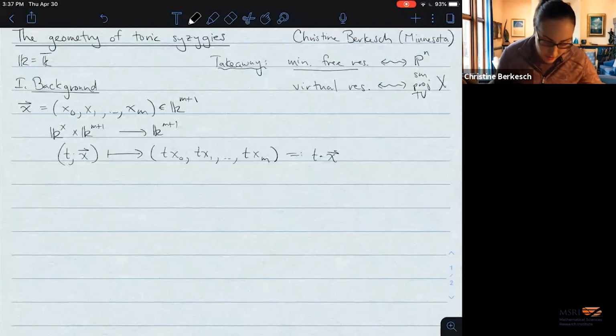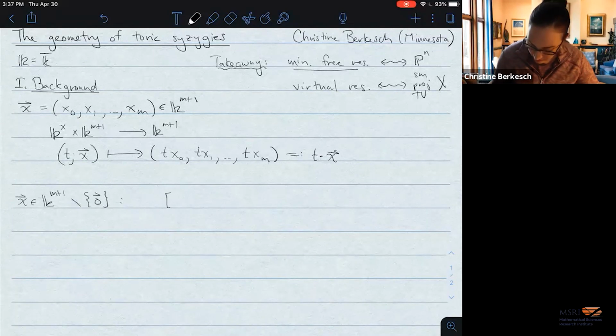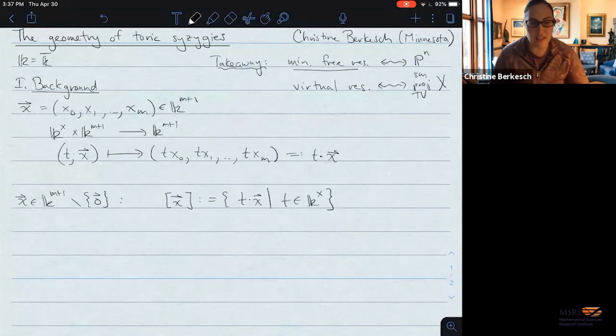All right, so then of course we use this action to make projective space, right? So if I take a non-zero vector, I can look at its equivalence class under this action. And this is then the line through the origin containing x, but then deleting the origin.